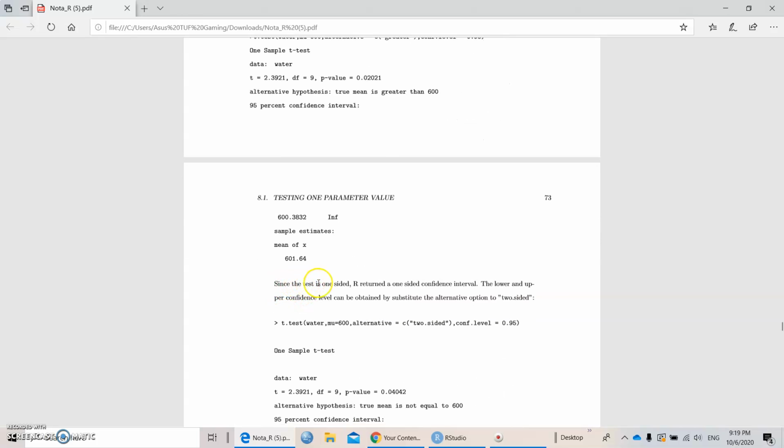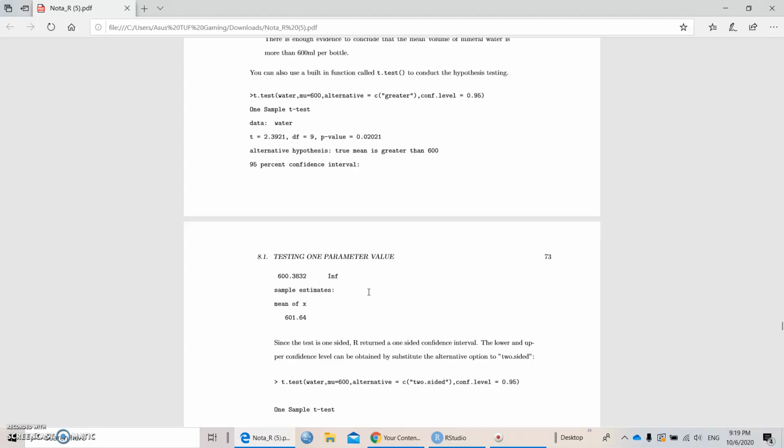Since the test is one-sided, R will return a one-sided confidence interval. As you can see here, the 95% confidence interval returns only a one-sided interval.